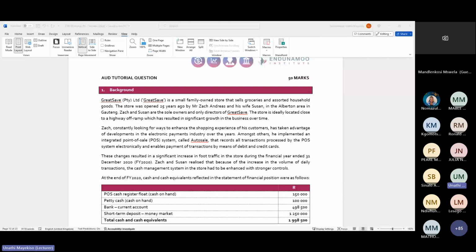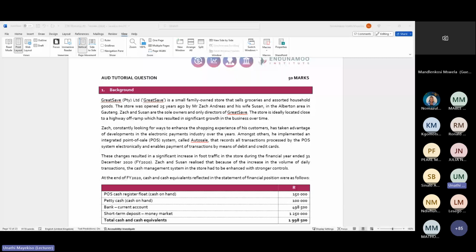Having read that paragraph, is there anything that you guys think is important to note? I think family-owned business. Okay.